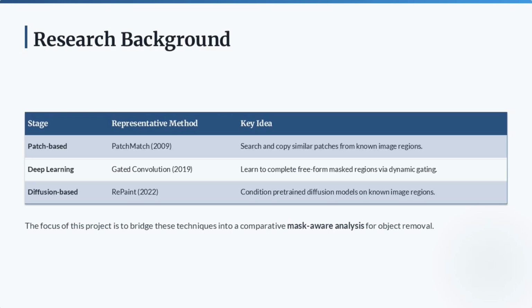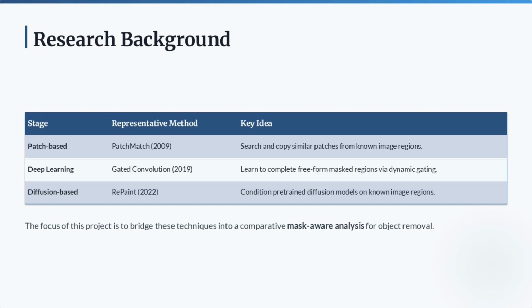Image inpainting has developed through several stages. The first stage is patch-based methods. A representative example is PatchMatch, proposed in 2009. The key idea is to search and copy similar patches from known image regions to fill missing regions. The second stage is deep learning-based methods. A representative example is gated convolution, proposed in 2019.